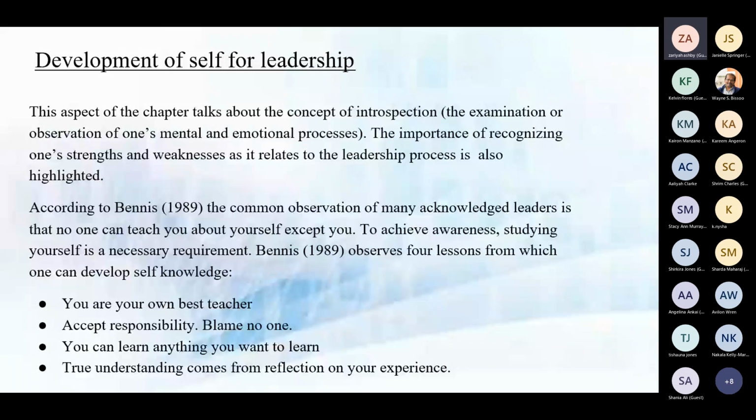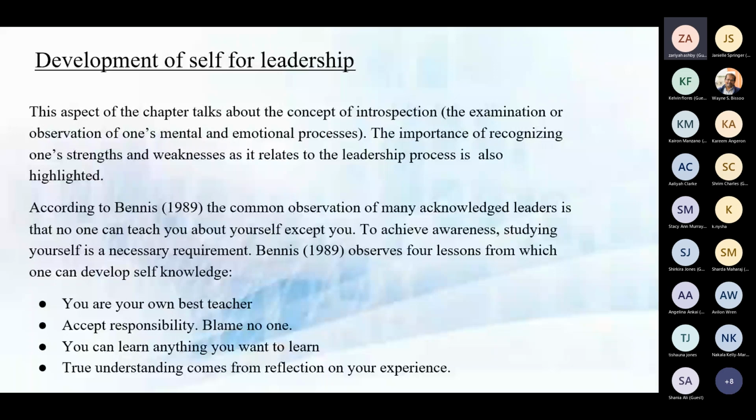You might be asking yourself the question, hopefully, why do I have to think about my strengths and weaknesses as it relates to leadership? Both your strengths and weaknesses are very important in the process. You might be wondering, why not just strengths? But it's important to think about what your weaknesses are also.